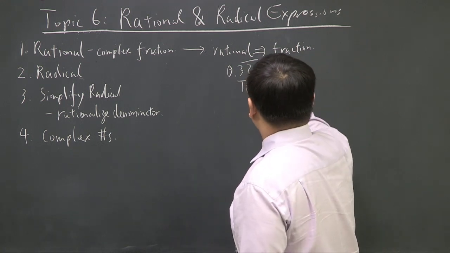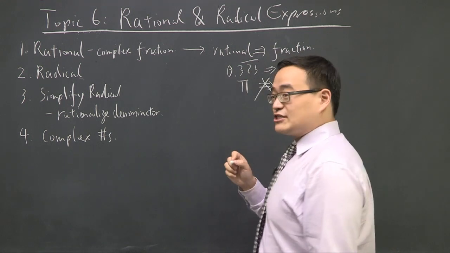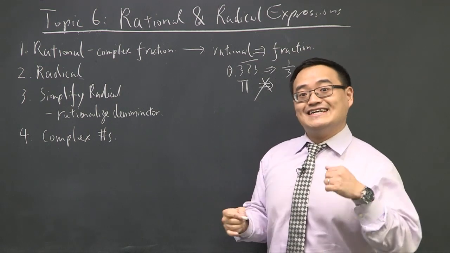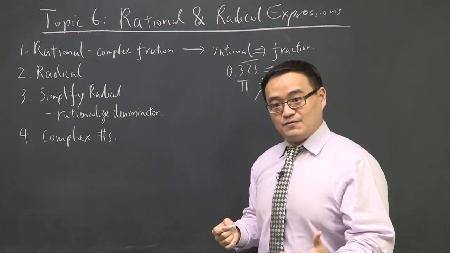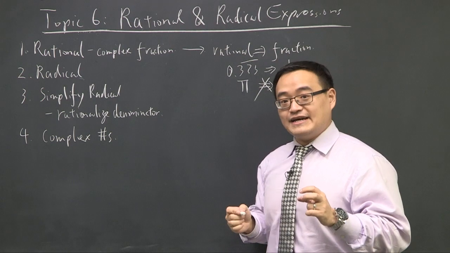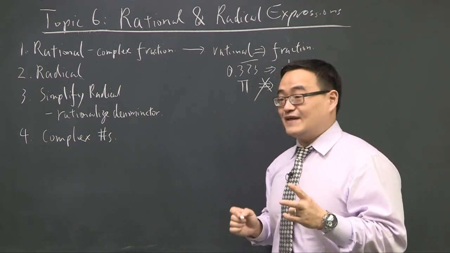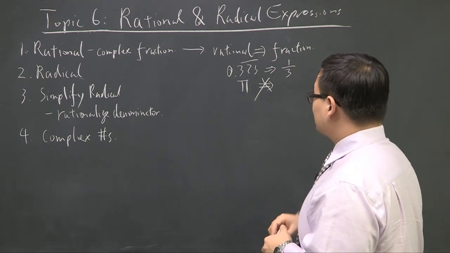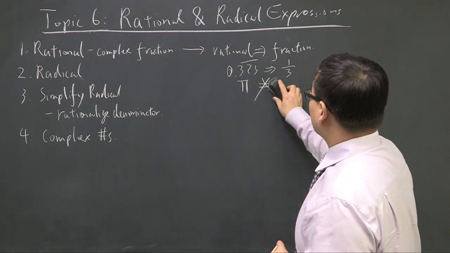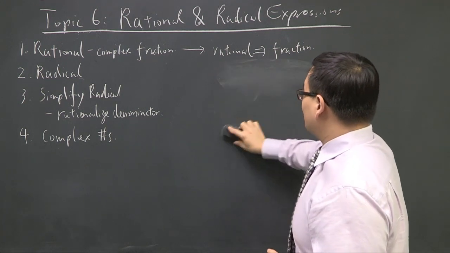Pi is not a rational number because it's a never-ending, non-repeating decimal. Anything that eventually repeats itself can be converted into a rational number.